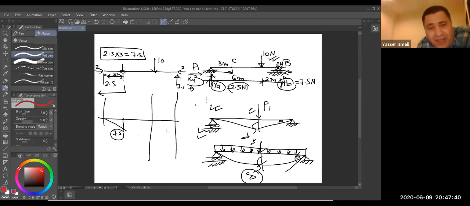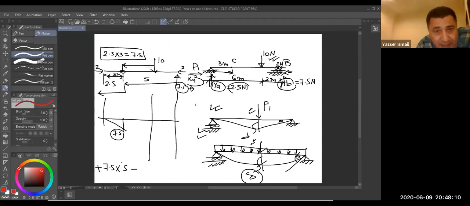From the right-hand side, we have 7.5 multiplied by the distance, which is 8 minus 3, equal to 5, so 7.5 multiplied by 5, this is a positive moment, minus 10 multiplied by 3, since this is already 6 minus 3.